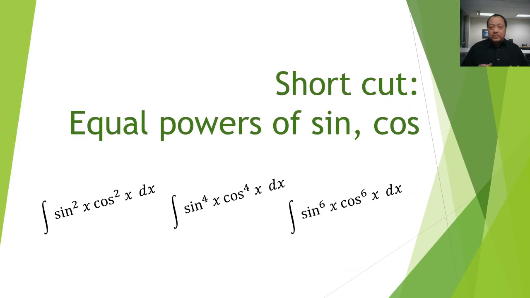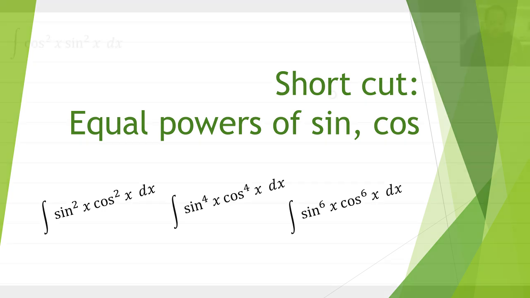There's a special case of the even power thing, when both sine and cosine have equal power. And we only do this if it's equal and even. If it's odd, we'd rather do it like part 1 and do the odd power thing. So if they're equal and even, there's a shortcut using the double angle formula of sine.